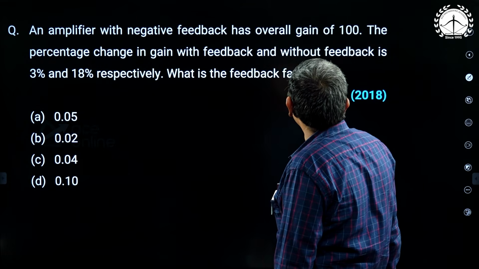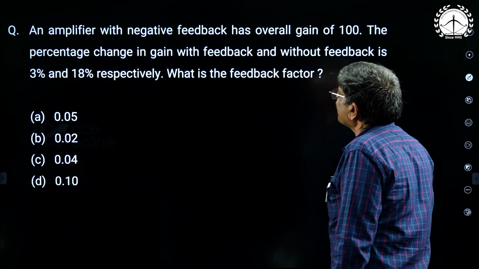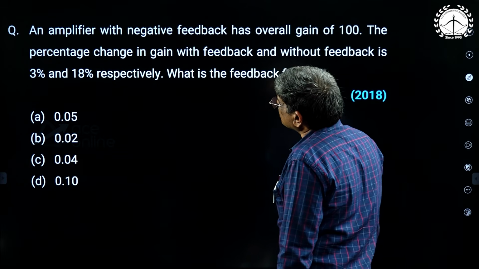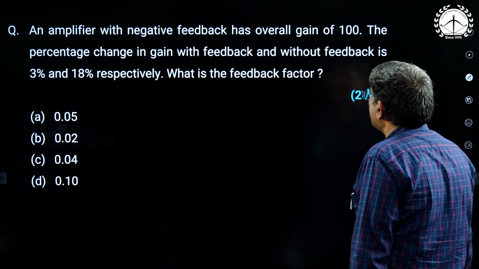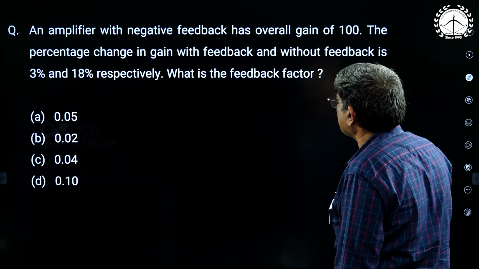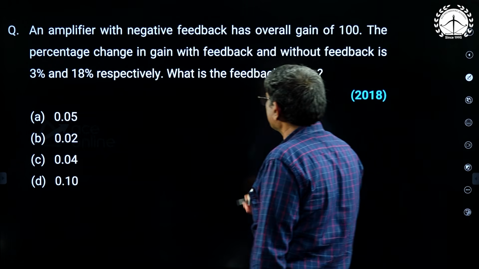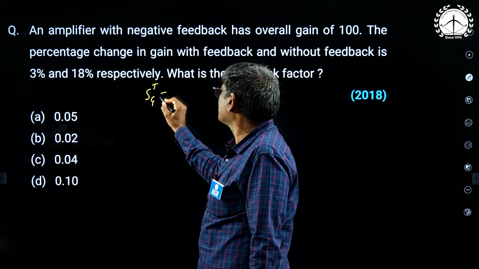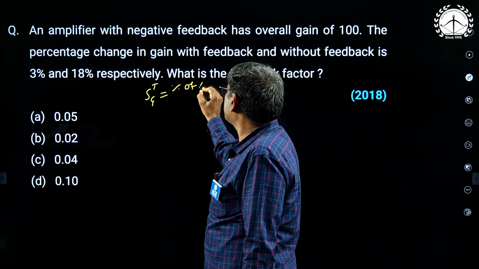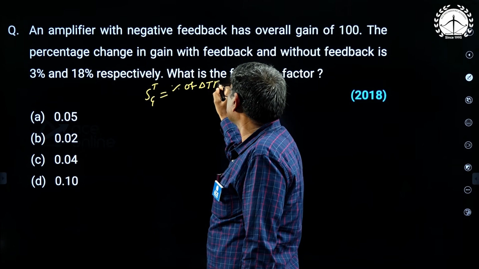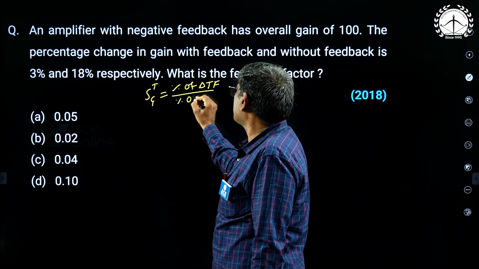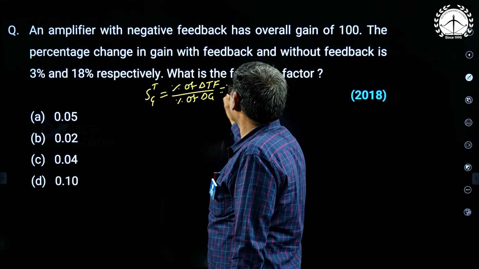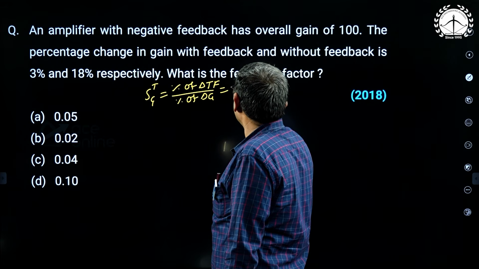Next, an amplifier with negative feedback has overall gain 100, and the percent change in gain with feedback is 3% while without feedback it is 18%. What is the feedback factor? So we can use the sensitivity here. S_G equals percentage change in overall transfer function divided by percentage change in G, which equals 1/(1 + GH).